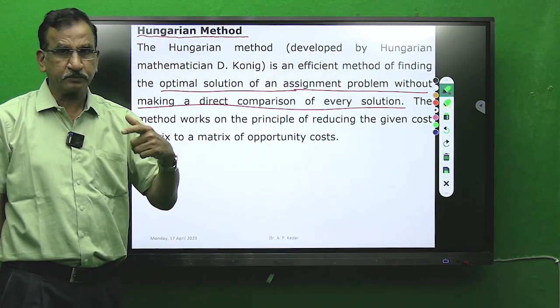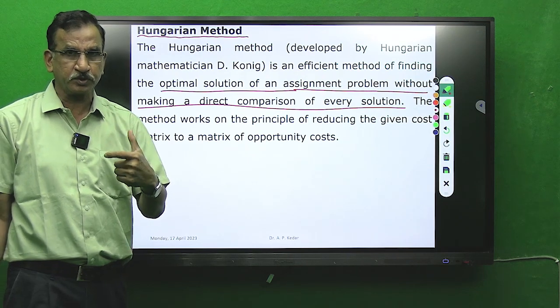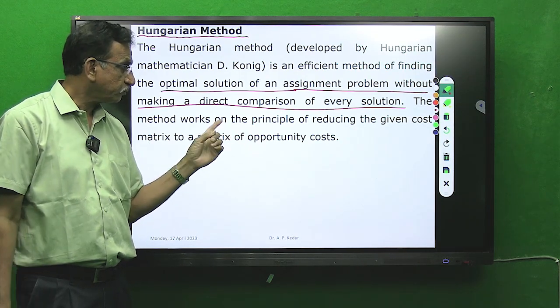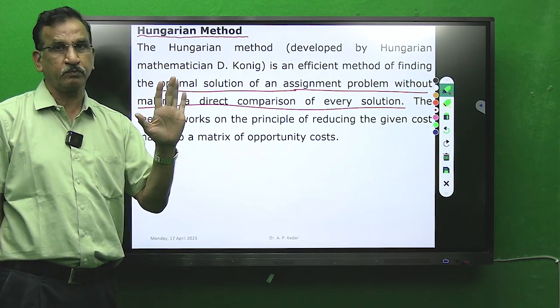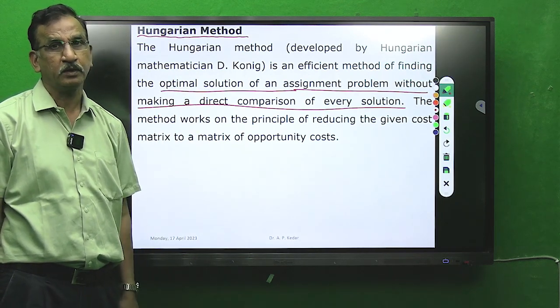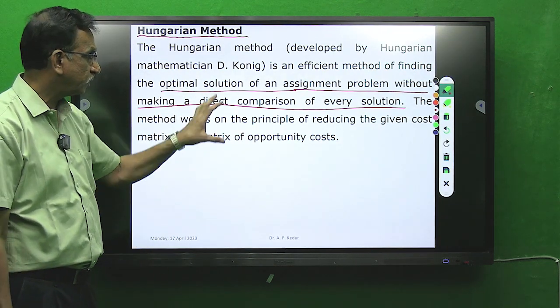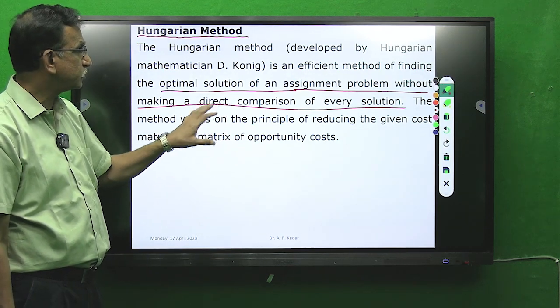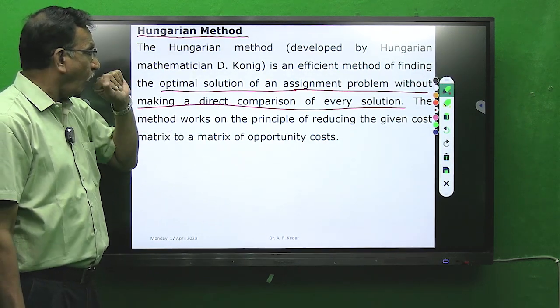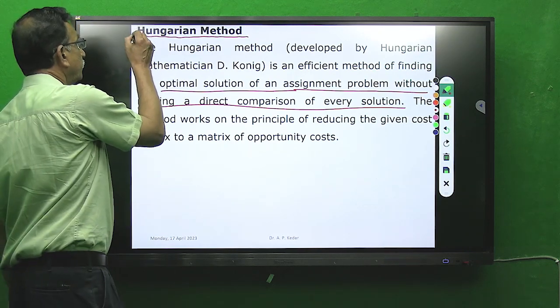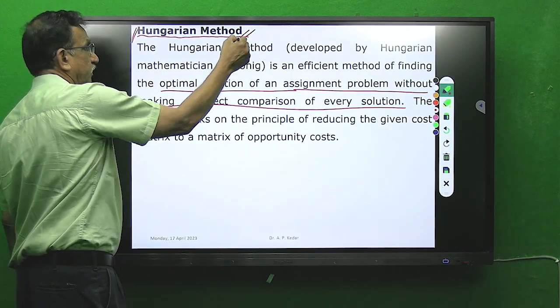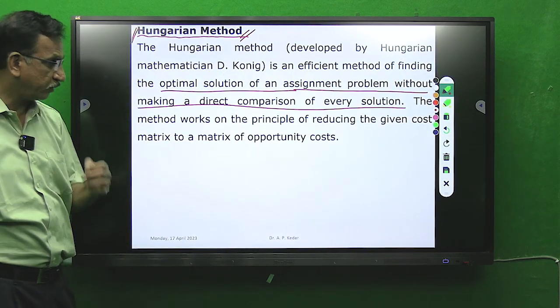We will be starting from the very initial position and will terminate our algorithm when we reach the final solution. Scientist Koenig from Hungary developed this method, and therefore in his respect it is referred to as the Hungarian method.